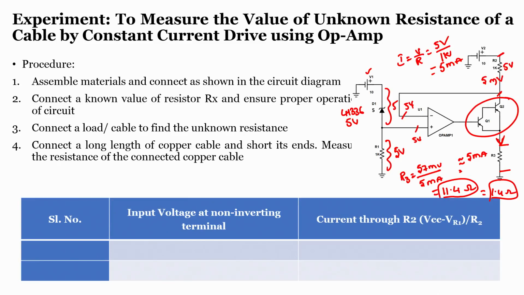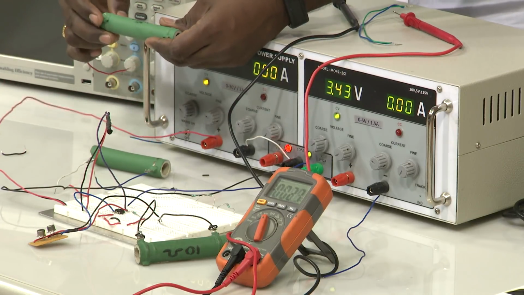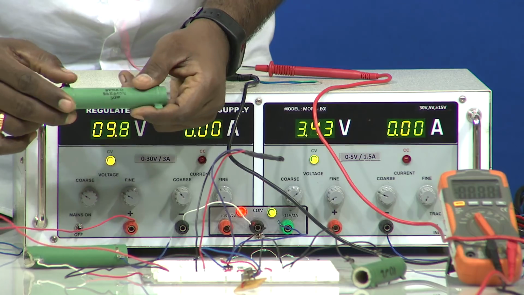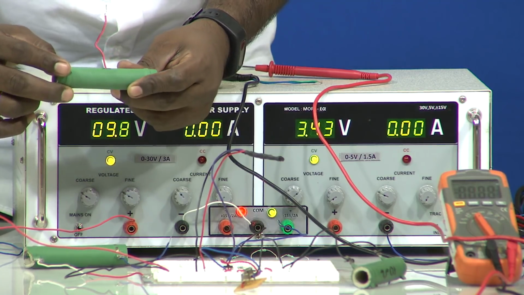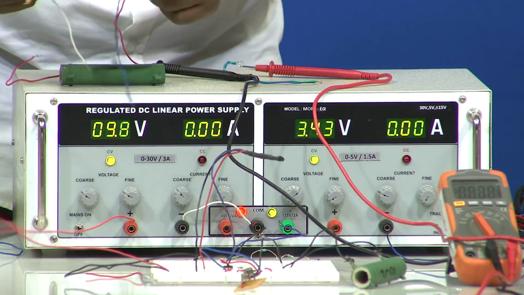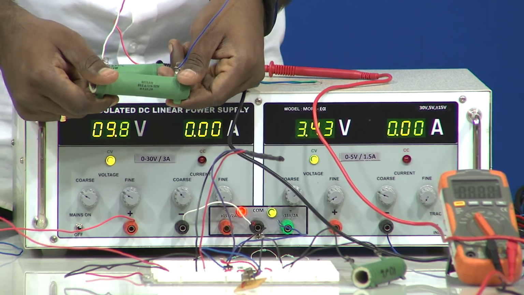We will take another resistance value. Right now I have a different resistance here, if you observe. This is one more resistance, the value is 25 ohms, and this one is a 25 ohm, 50 watt resistance, whereas this one is a 50 ohm, 50 watt resistance.